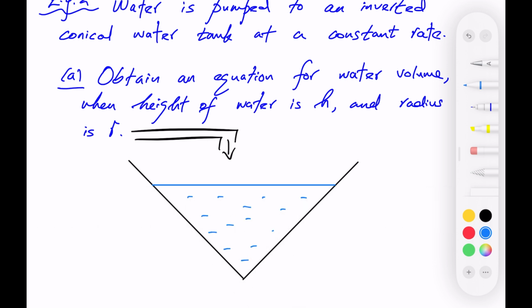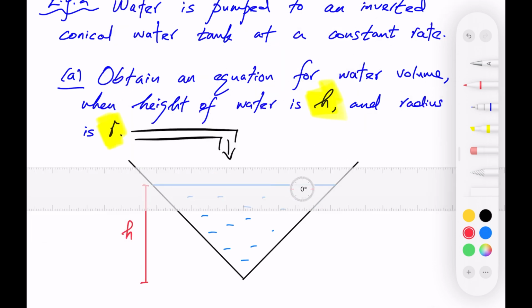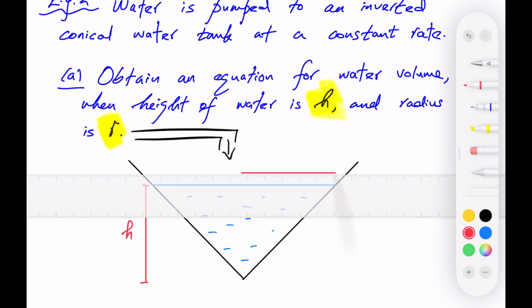You can see that the given information on height and the radius, they both should be variables. Height of water. Let me show the height of water. That height is given as h. And then we need to show the radius. So the radius is that.